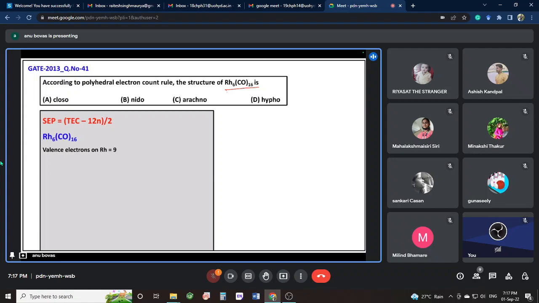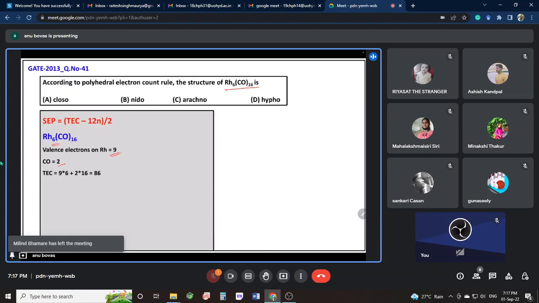Valence electrons on rhodium is 9, and carbonyl is a 2 electron donor. There are 16 carbonyls here and 6 rhodium. So 9 into 6 plus 2 into 16 gives a total electron count of 86. Now, total electron count minus 12n.